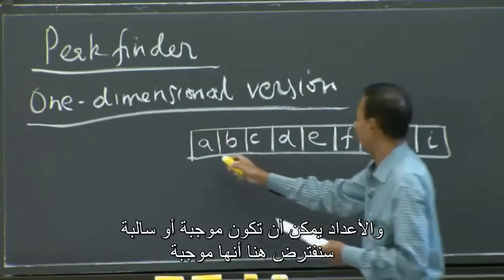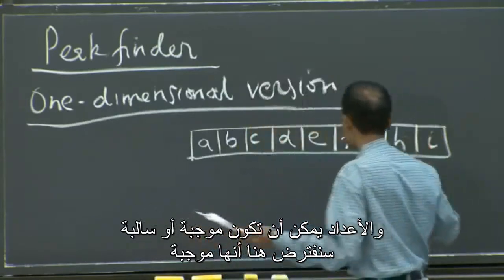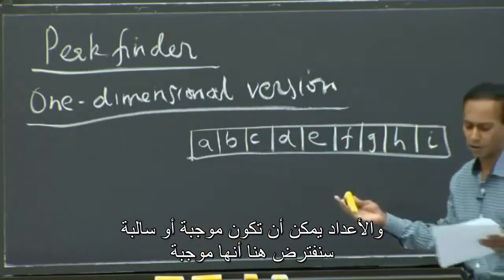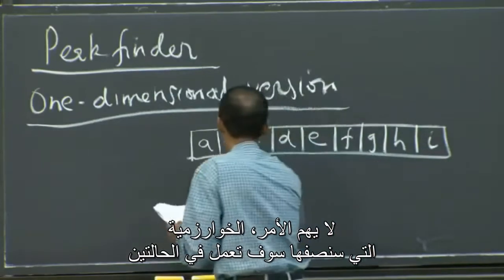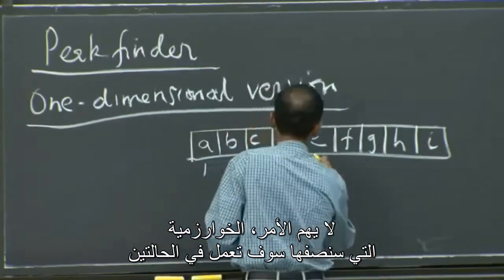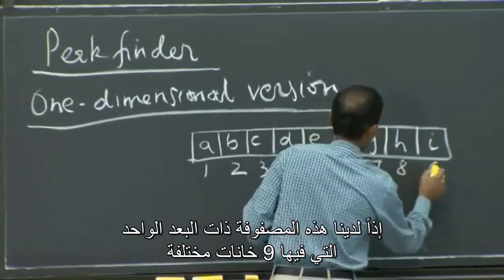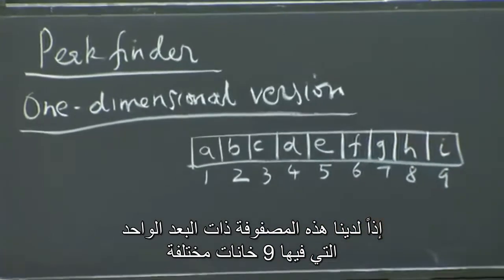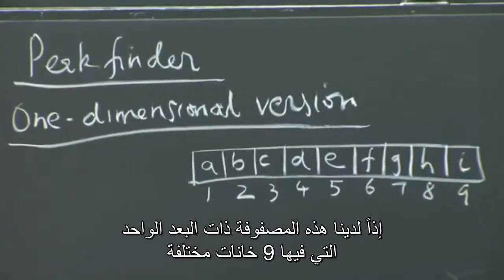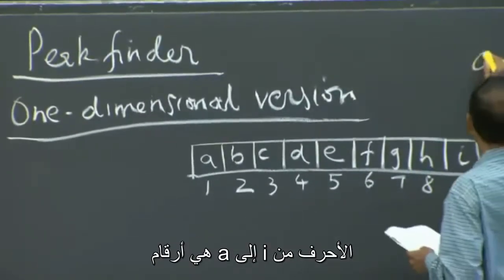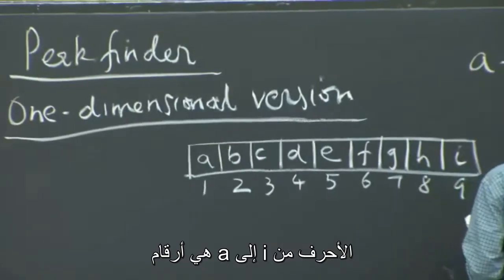The numbers could be positive or negative, but we'll just assume they're all positive. It doesn't really matter. The algorithms we describe will work. And so we have this one-dimensional array that has 9 different positions, and A through I are numbers.